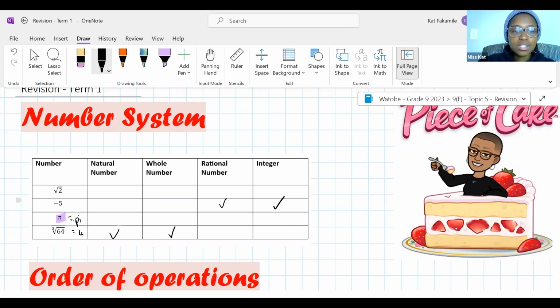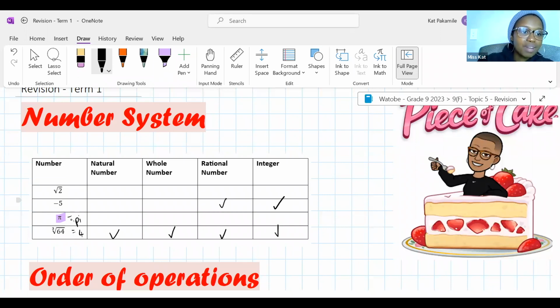Is it a rational number? Yep. And an integer? What are integers? Positive and negative, of course it is. Thank you, Mpo. That was way too easy for us.